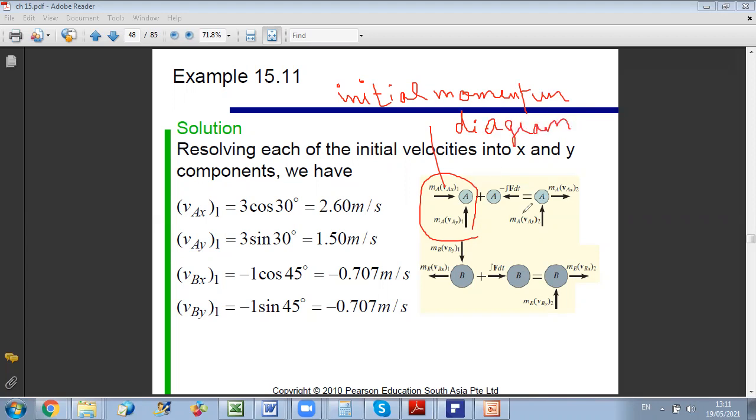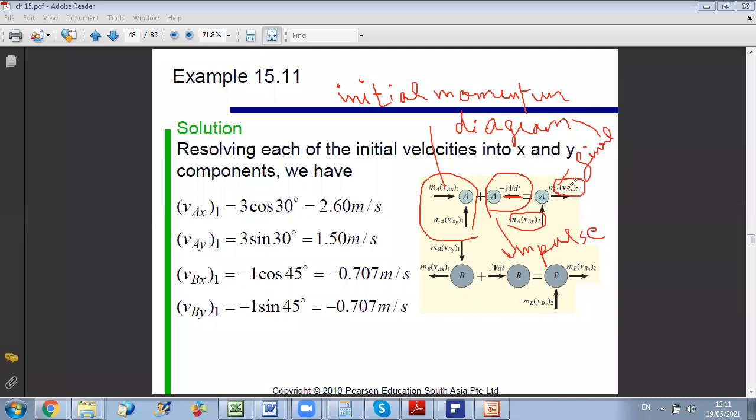This is why your impulsive force will be along x. So this is the impulse diagram. And finally, at the final state, this is the final momentum diagram.